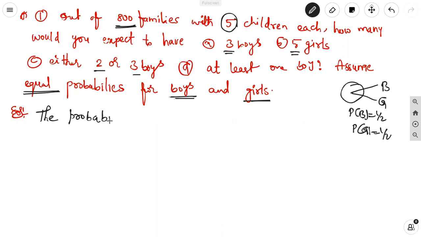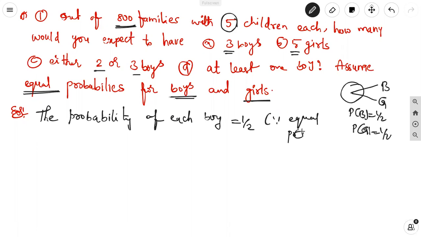The probability of each boy is equal to 1 by 2, since equal probability for boys and girls, that is nothing but 1 by 2.